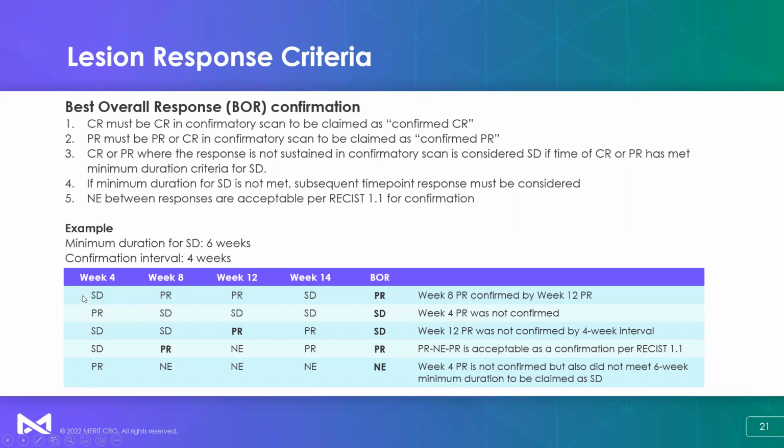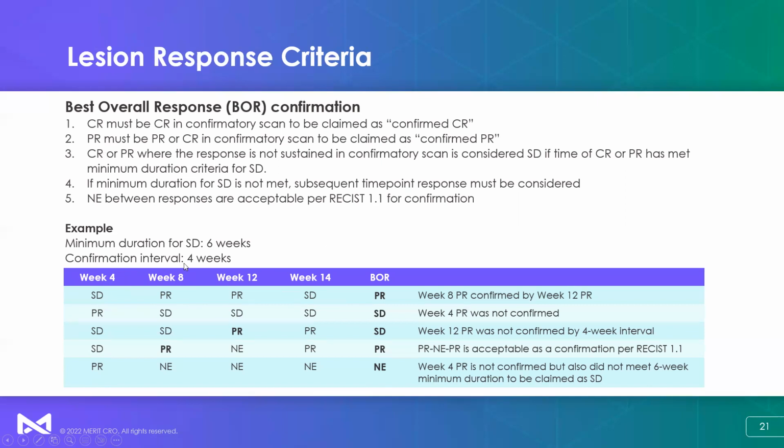In the first subject, I have a week 4 stable disease followed by a week 8 partial response, a week 12 partial response, and a week 14 stable disease. In this case, we first find what the best response is. From these 4 responses, a partial response is the best response. And the next thing is just to make sure the CR or PR has been confirmed in the next 4 weeks.